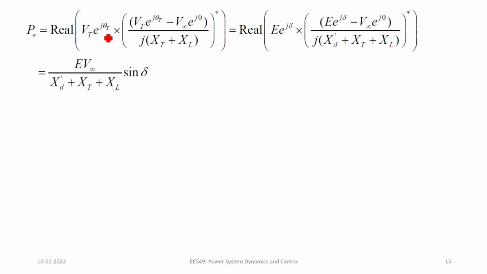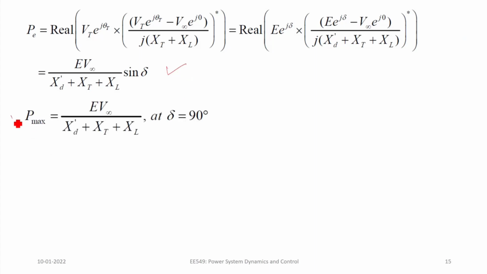If we consider the real part, gradually eliminating the imaginary part, we find E V infinity divided by (X'd plus XT plus XL) sine delta. This is your electrical power delivered by the machine to the infinite bus.